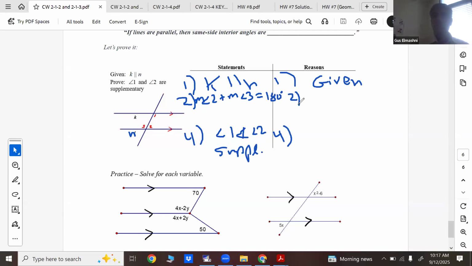So what reason could I say about that? When they're right next to each other, what do we call that? They form a straight angle. Yeah, you could say a straight angle pair, or we'll say a linear pair. They add to 180. Linear pair of angles.